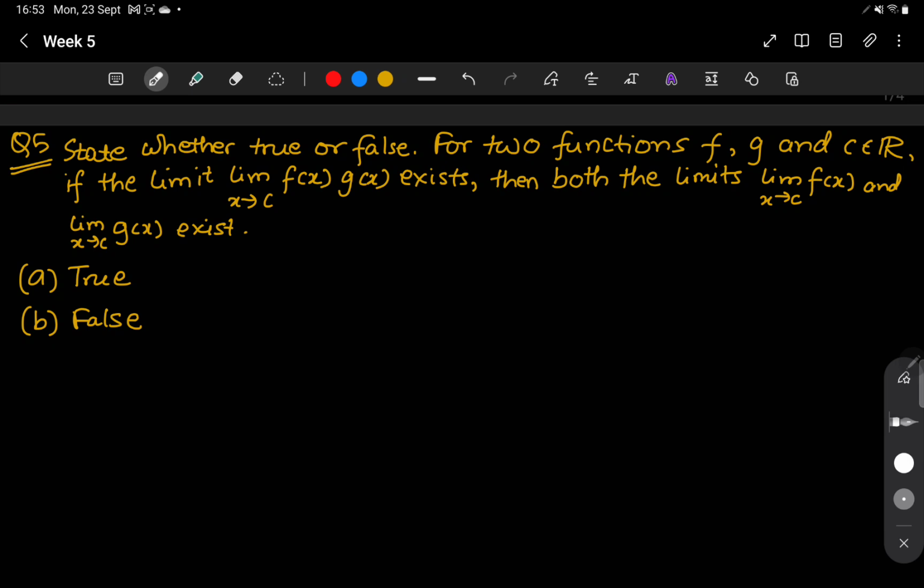I see that some students have still not answered in the poll. All of you please answer the poll, and then I will proceed with the discussion of the solution.